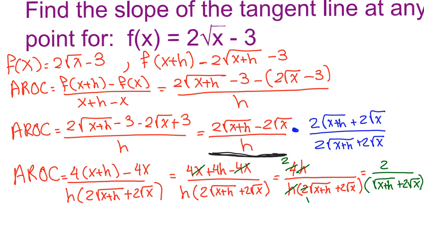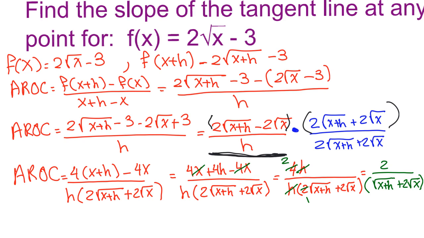Recall when you multiply this binomial by this binomial, you have a difference of two perfect squares, so the middle term cancels out, and you're just multiplying your first term by the first term and the last term by the last term. Simplifying further along the way, it's 2 over square root of x plus h plus 2 square root of x.